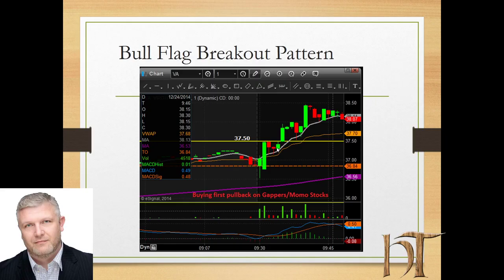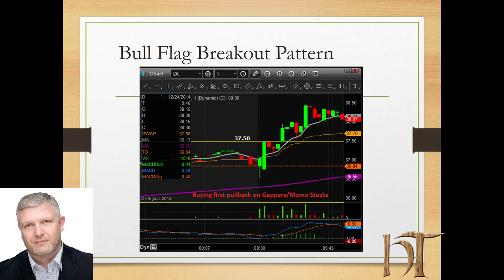So they're looking at the next green candle to make a new high, which is here, and we see this volume candle here. So we're seeing a surge of volume, and that comes in as it breaks the previous high of day.